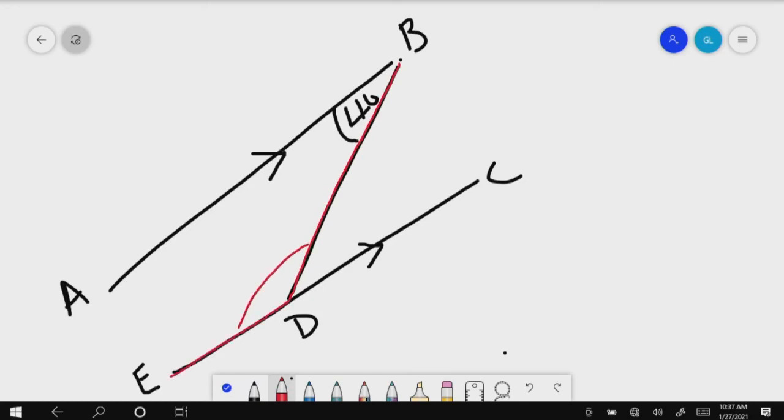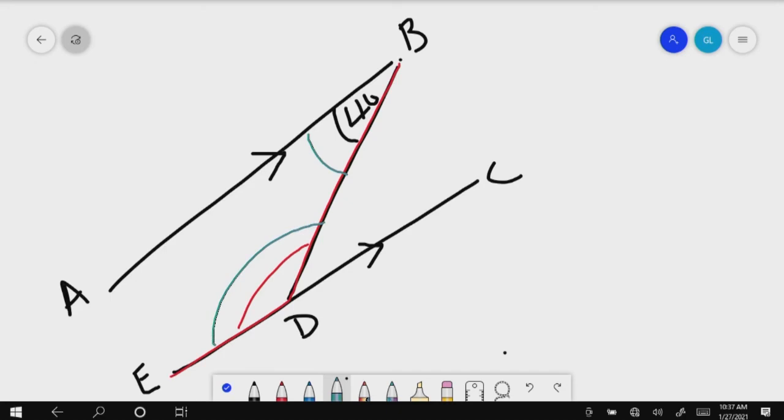This line segment DE is a transversal, and there's no alternate angle required in this question. However, another interesting concept with a transversal and the parallel lines principle is that the two included angles, this angle and this angle, are called co-interior angles.